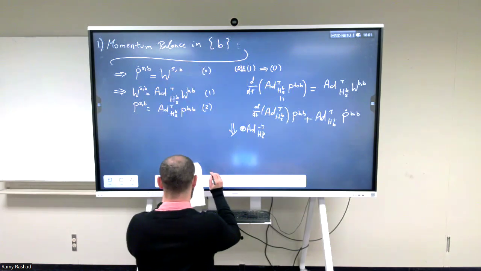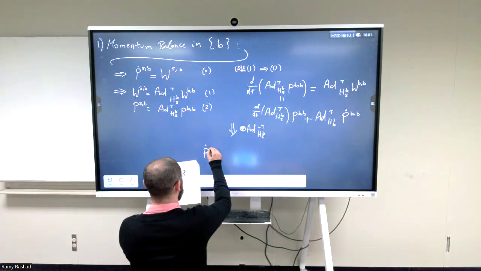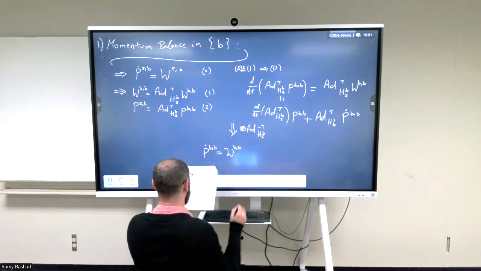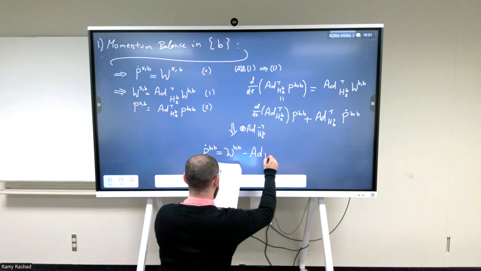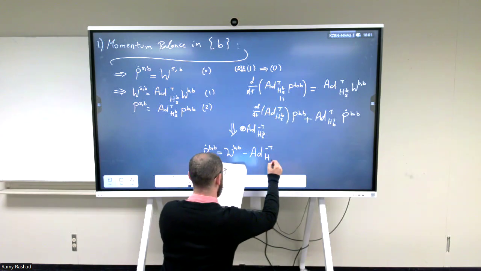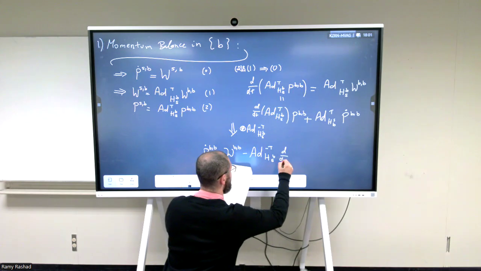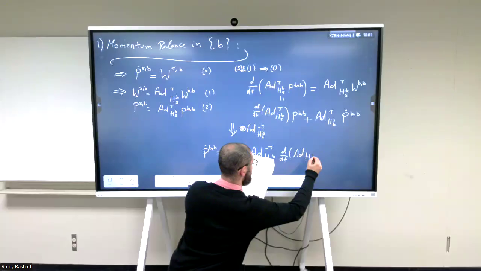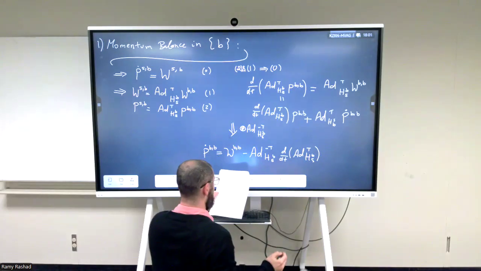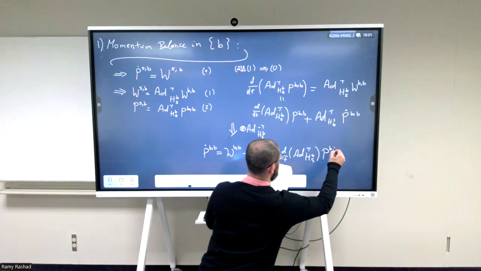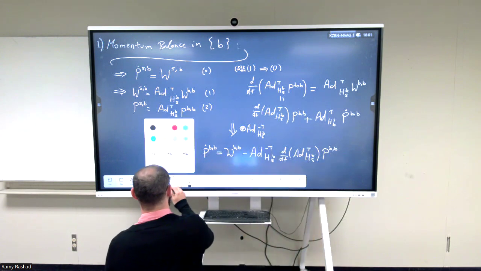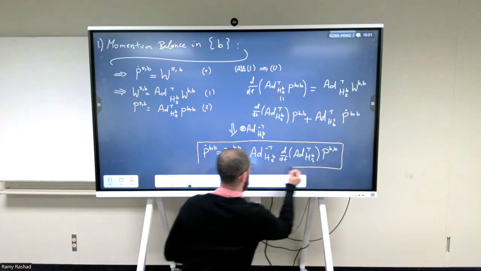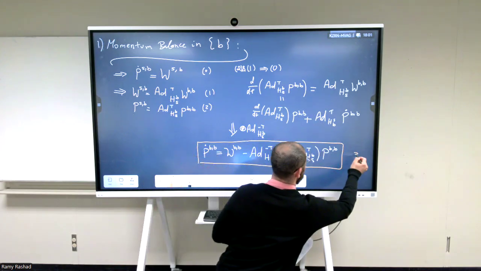In the end, we get this equation: P dot is equal to the wrench applied on the B frame minus the adjoint inverse transpose from S to B multiplied by d by dt of the adjoint S to B transpose multiplied by the momentum. Let's highlight this because we're going to come back to it later. We're going to call this equation 3.